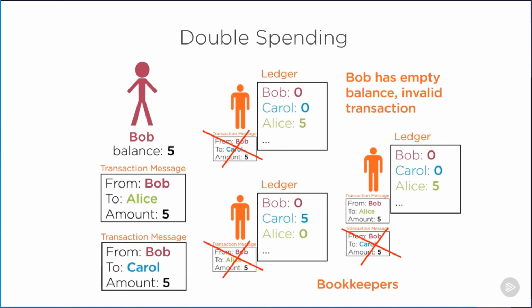Bookkeepers that receive the transaction to Alice first would ignore Carol's because it would be trying to spend an already spent output. Bookkeepers receiving Carol's first would ignore Alice's. And so we see that, in addition to deciding on system rules, deciding on transaction order is crucial because that order changes who has money.